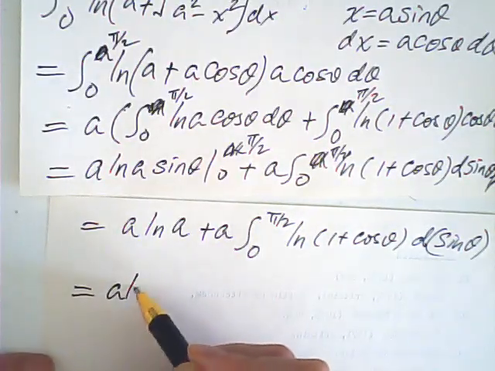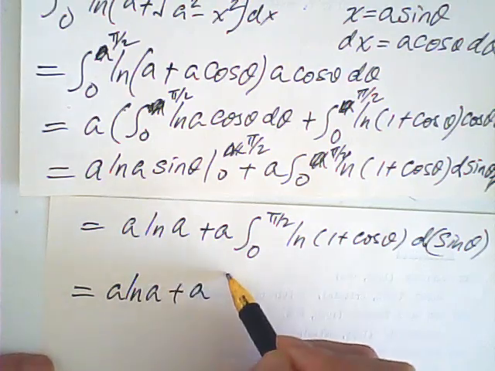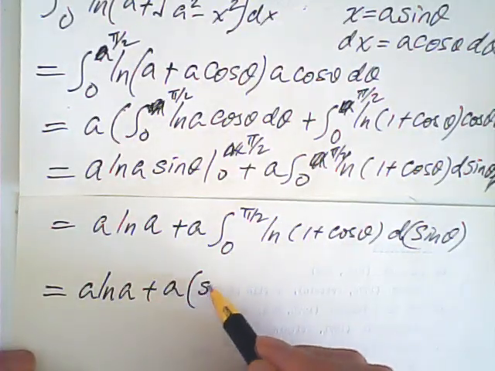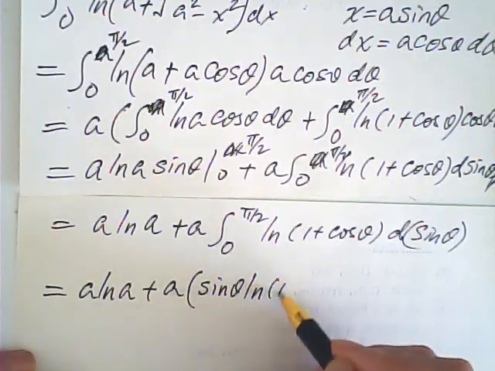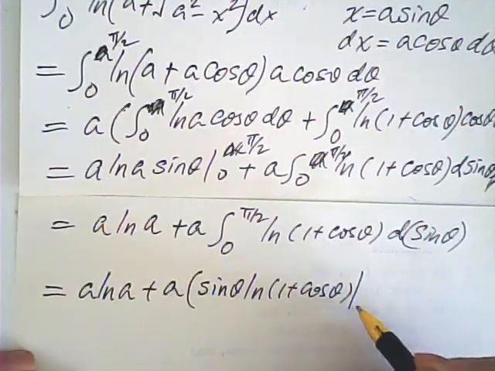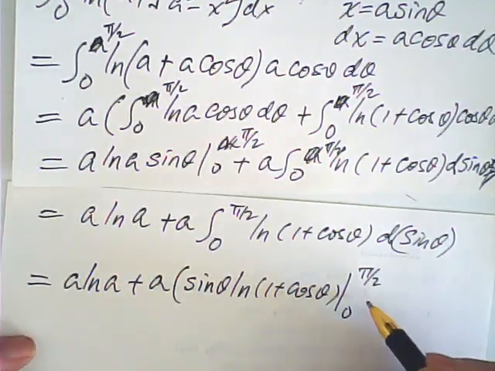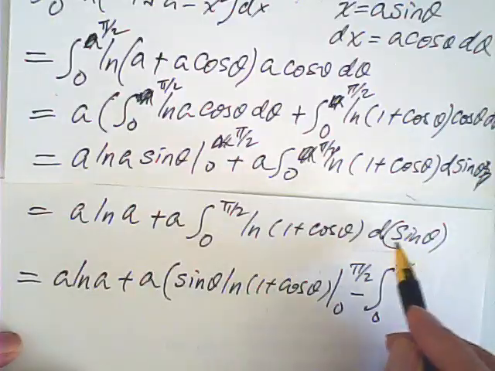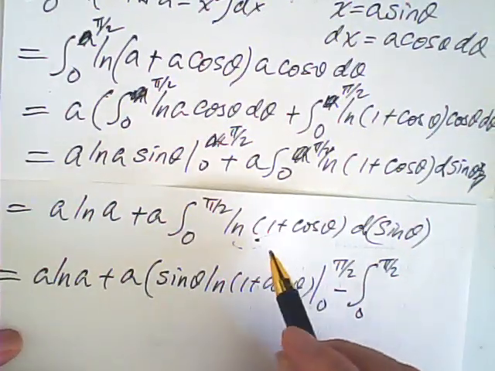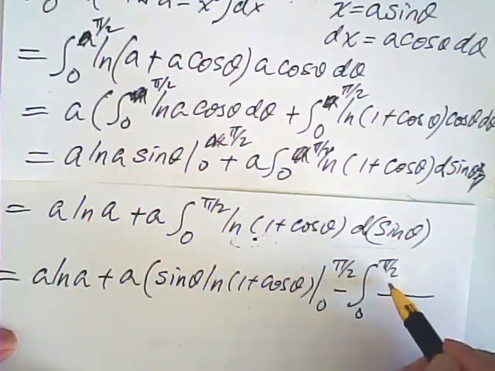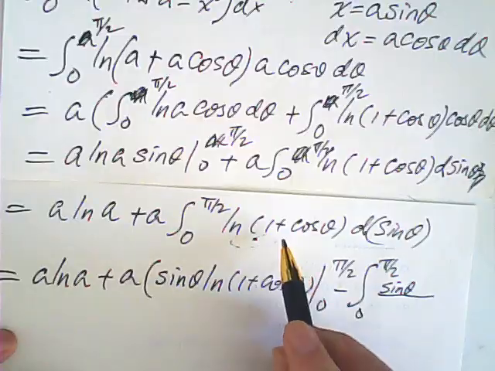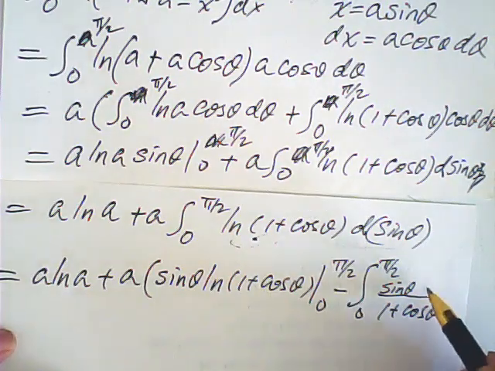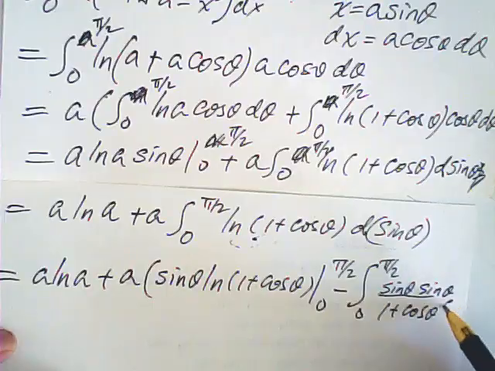So this was a log a plus a times uv: sine theta times log of 1 plus cosine theta, minus the integral of v du, right? So it's sine theta times 1 over (1 plus cosine theta) times this derivative, which is negative sine theta, d theta.